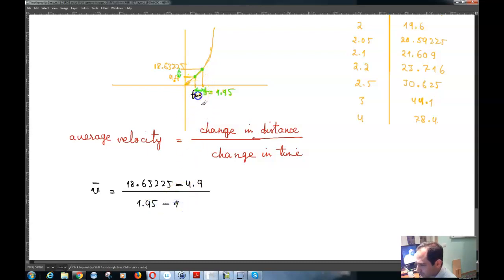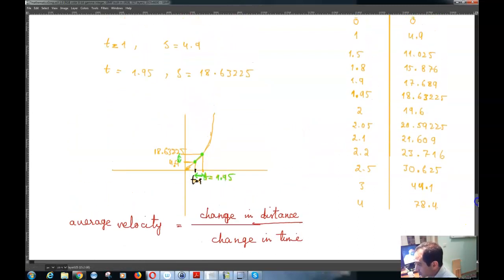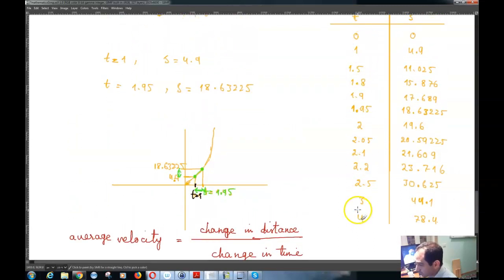Over here t is equal to 1. So that is your average velocity. So this way I can use this table to calculate the average velocity of this object between any two moments in time, between 1 and 1.95, between 1 and 2.05, and so on and so forth.